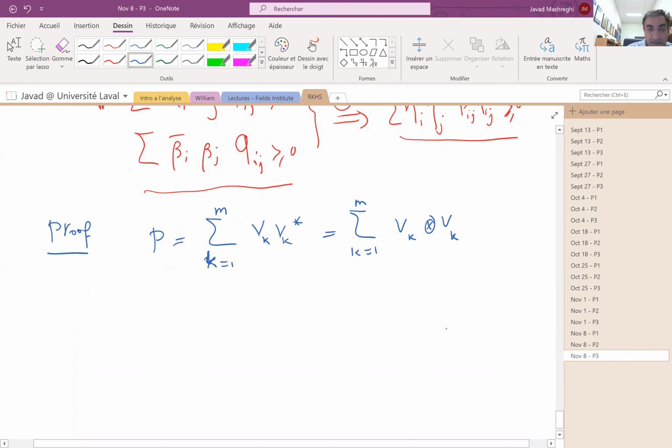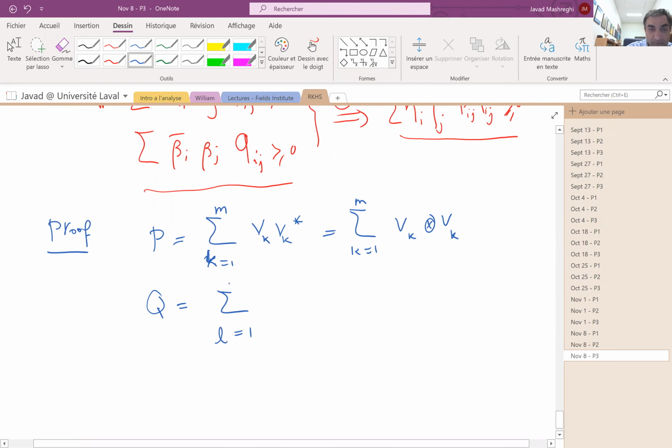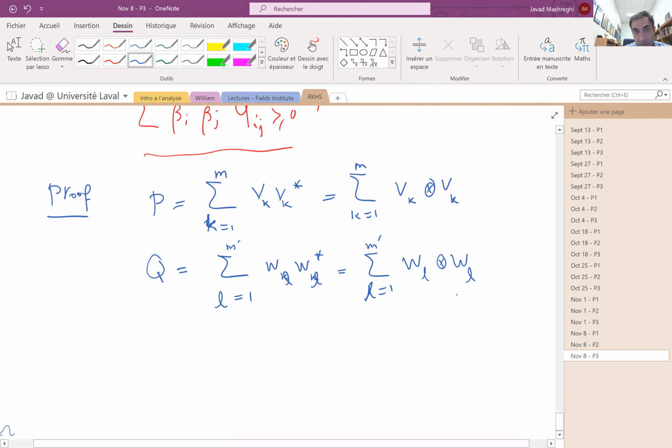And the same for Q, sum over l from 1 up to m prime, W_l W_l star, or W_l tensor W_l. And what would be P composed with Q, P rond Q, the Schur product?